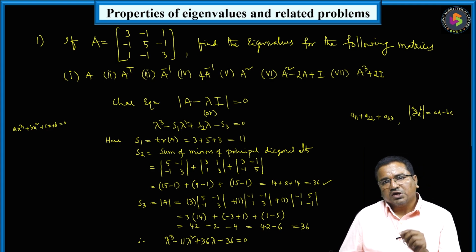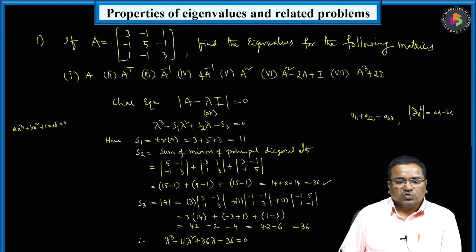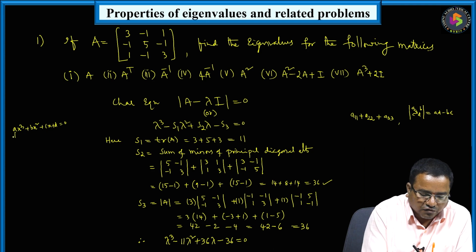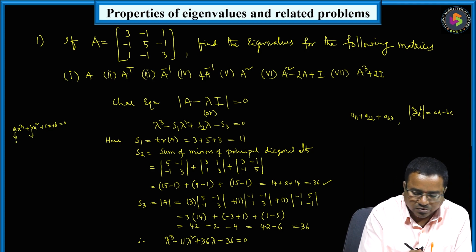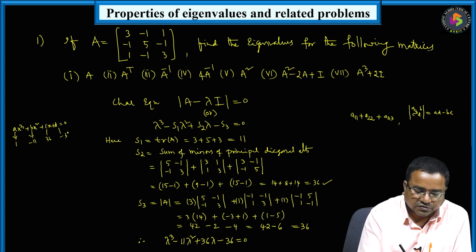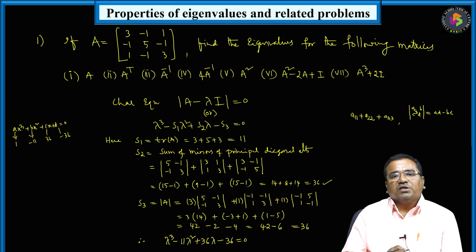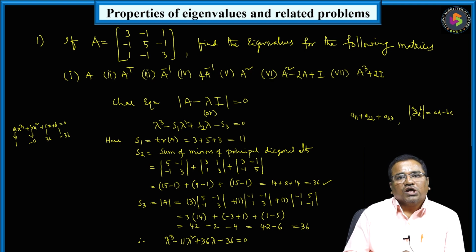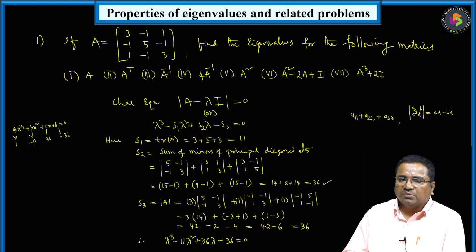Once you press the equation, this will be displayed. After that, you have to choose a, whatever we have, a is equal to 1, b is equal to minus 11, c is equal to 36, and d is equal to minus 36. If you substitute the a, b, c values, the calculator will give the roots of the equation. This is one of the methods.